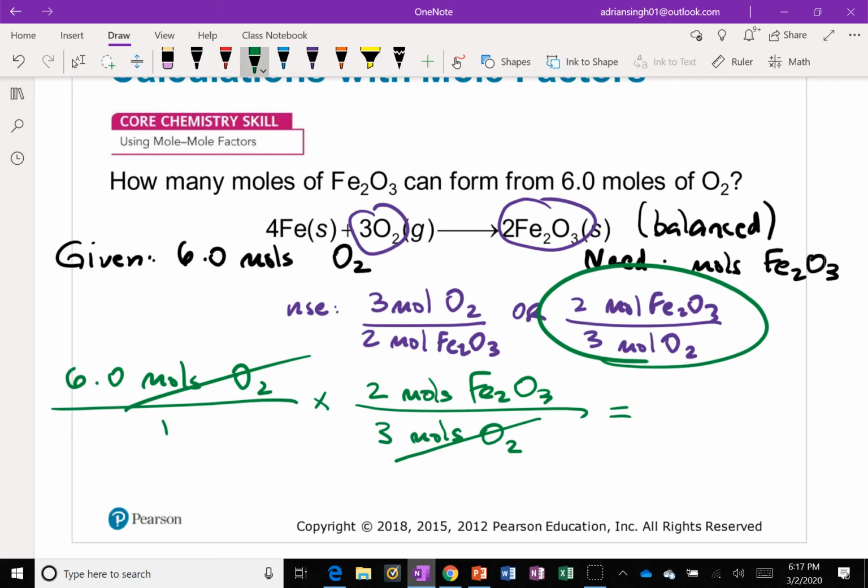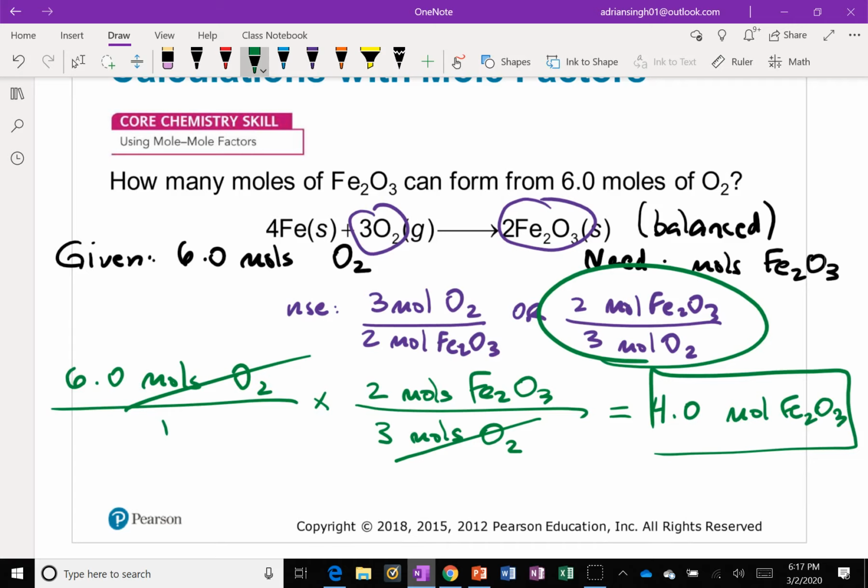Right? So we can do a little math in our head. 3, that gives me 4.0 moles of Fe2O3. So I can calculate how much of the product, the iron 3 oxide, I should get. Is my math wrong? I'm sorry. You're right.